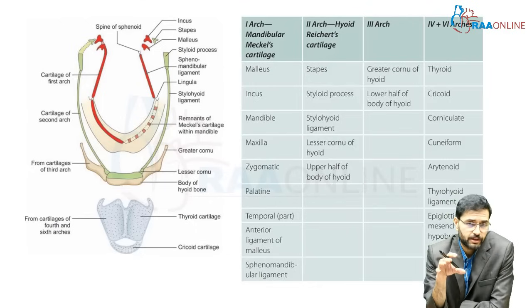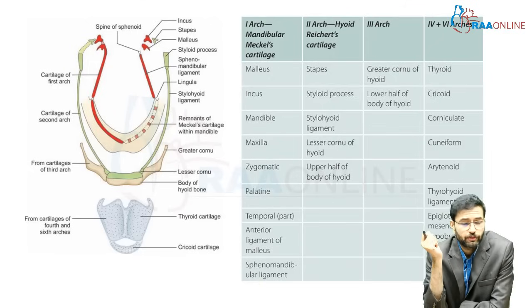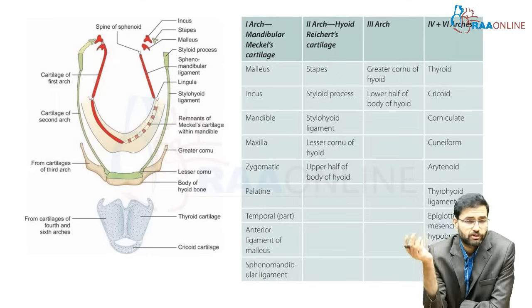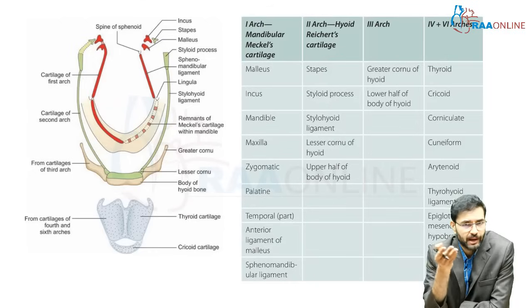The dorsal aspect or dorsal mesenchyme of the first arch gives rise to the maxilla, premaxilla, zygomatic process, palatine process, etc. And of course, the sphenoid. And a portion of the temporal bone is also formed from it. So these are all derivatives of the mesenchyme of the first arch. The ventral aspect of the mesenchyme of the first arch gives rise to the mandible. Like I said earlier, it encases the Meckel's cartilage.